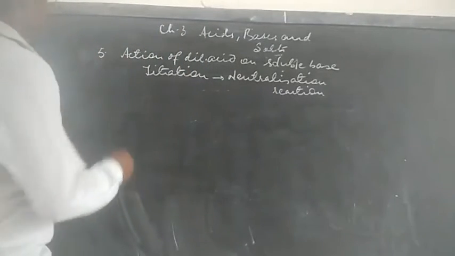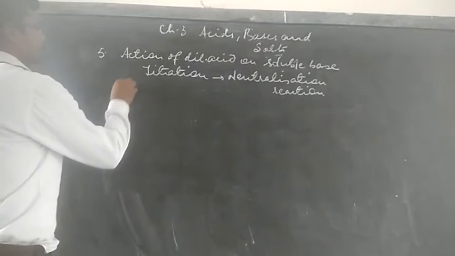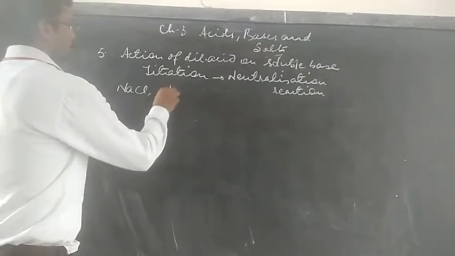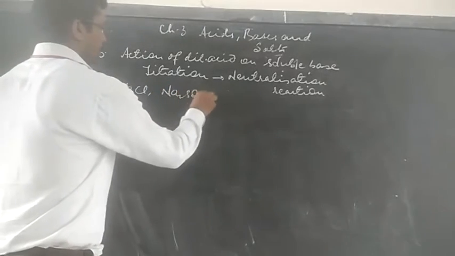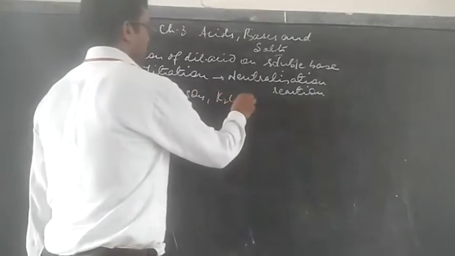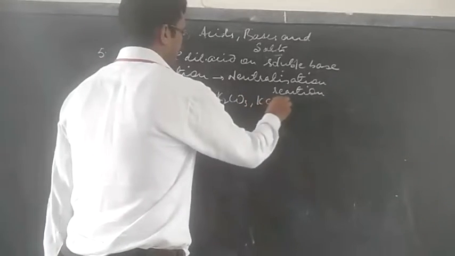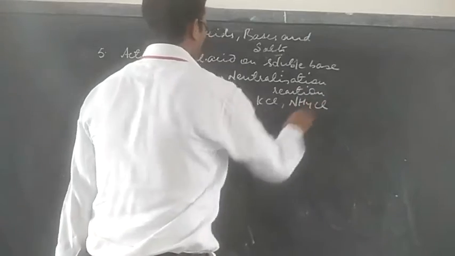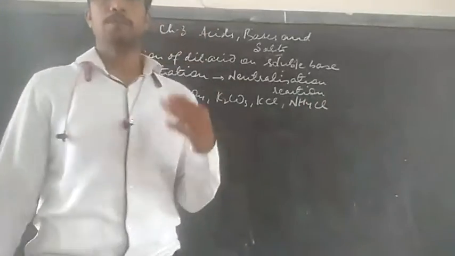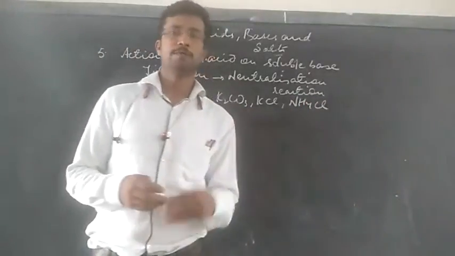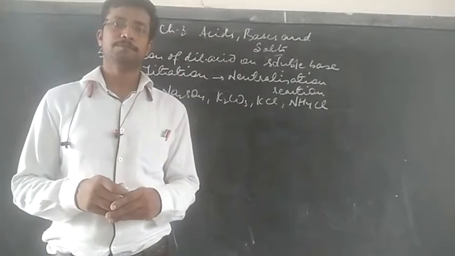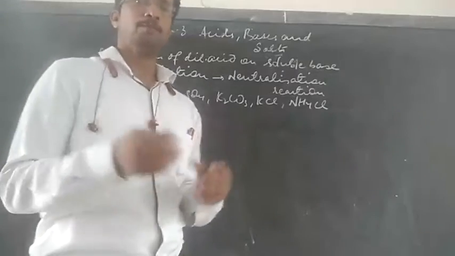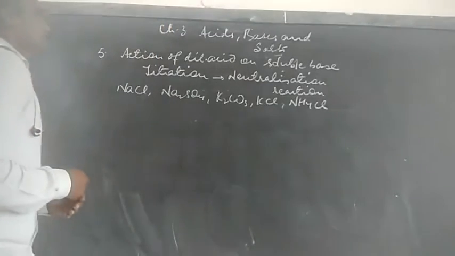Now here, salts like sodium chloride, sodium sulfate, potassium carbonate, potassium chloride, ammonium chloride, meaning all the salts of sodium, potassium and ammonium can be prepared using this method. Let us try to understand this with the help of equations.